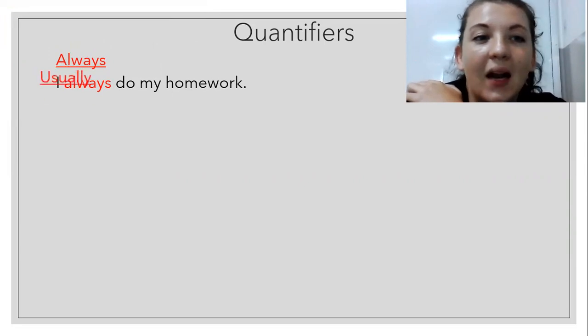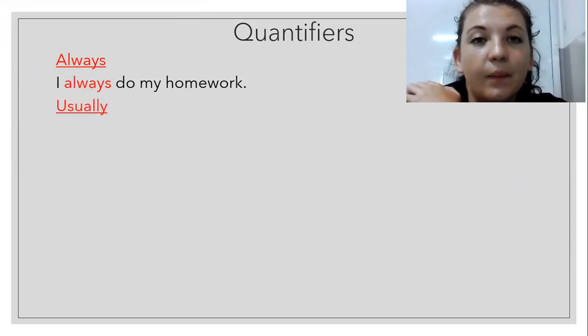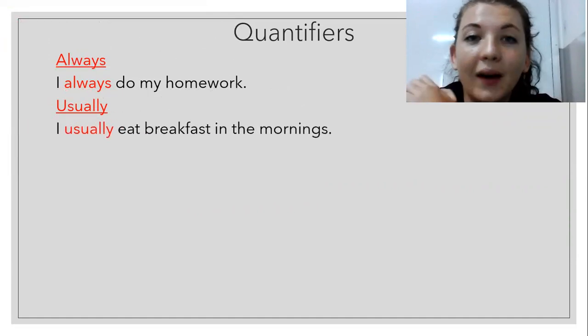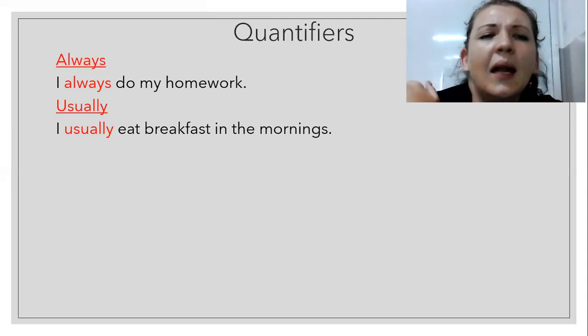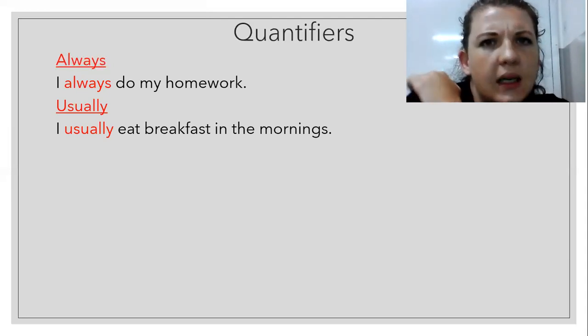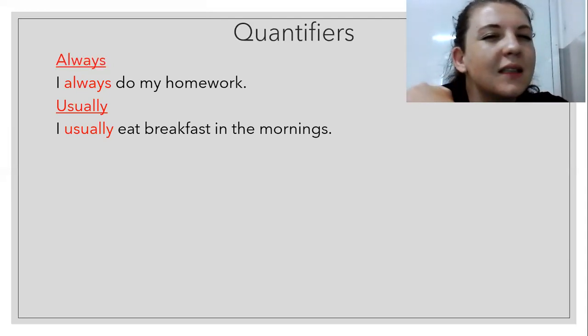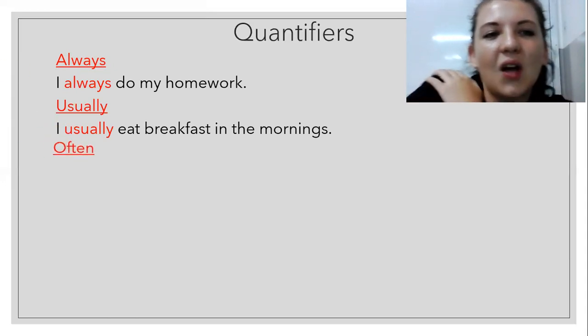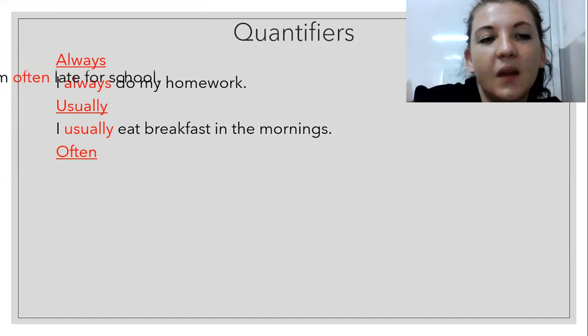Okay, next one. Usually, let's look at an example sentence. I usually eat breakfast in the morning. So that doesn't mean I always eat breakfast, but most of the time I eat my breakfast. Next word is often.